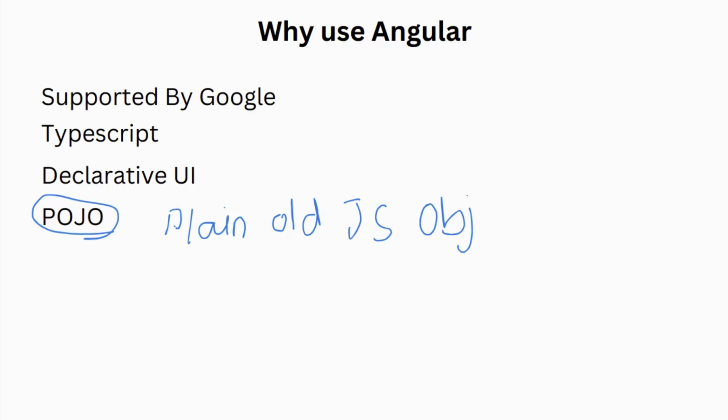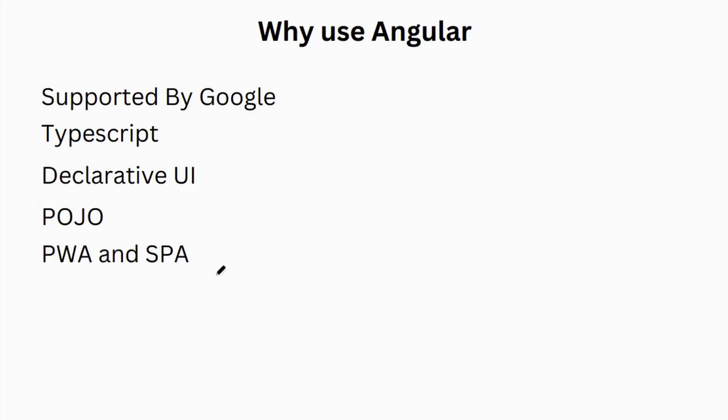Let's go to the other one. Yeah, it's PWA and SPA. Angular Progressive Web Application, which is PWA, is a cost-friendly solution that allows websites to act like mobile apps.